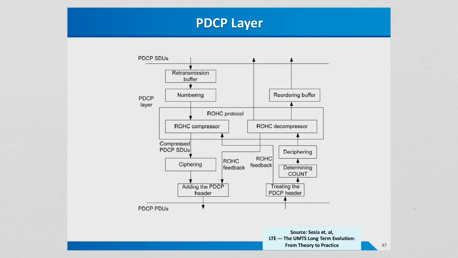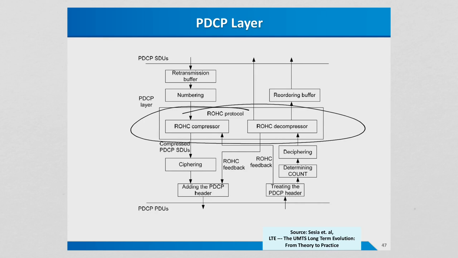Top-down, PDCP I mentioned is the packet data convergence protocol layer, and it's really doing two things. I suppose it could have been split into two sublayers, but one of the things it does is header compression. So think about if you're doing something like voice over IP.